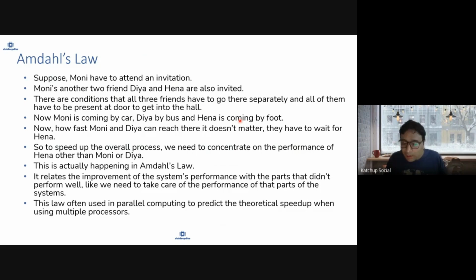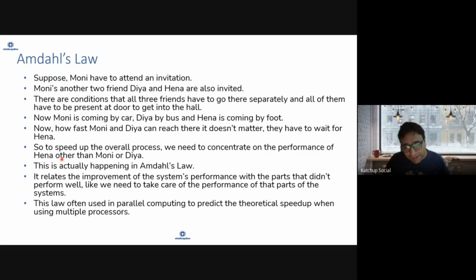How fast Moni and Dia can reach there does not matter, because they have to wait for Hina, who is the slowest. So to speed up the overall process, we need to concentrate on the performance of Hina rather than Moni or Dia. And this is what Amdahl's law indicates.